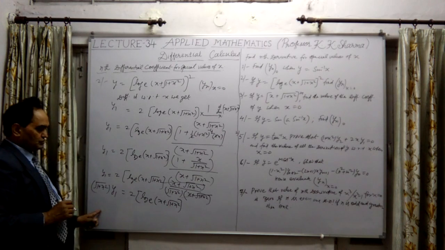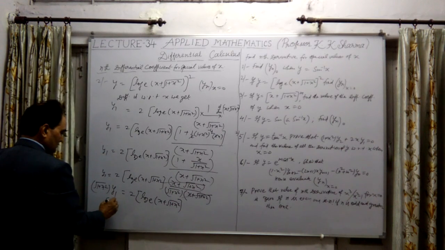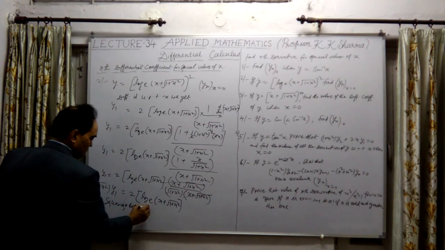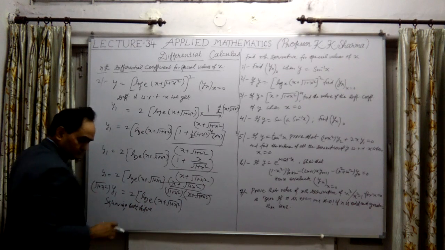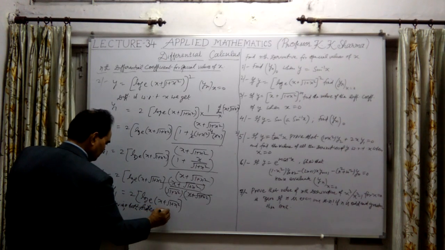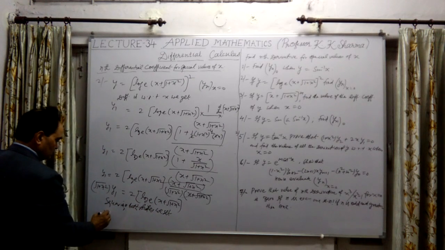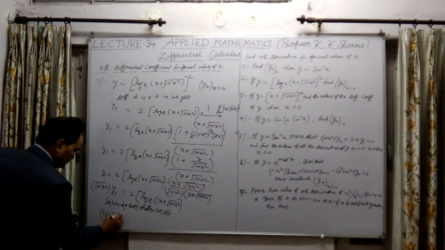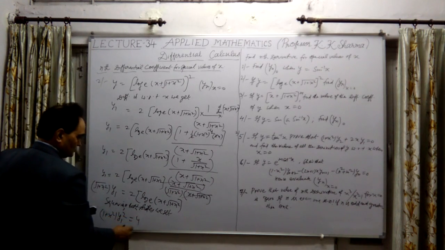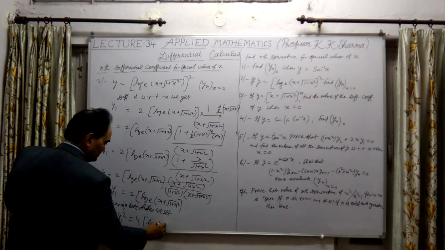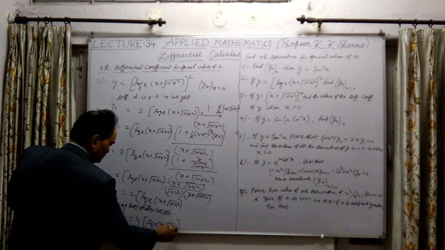Now if I square both these sides, squaring both sides, we get, it will be only 1 plus x square into y1 square, equal to 4 into square of this whole, this is log of e, x plus under root 1 plus x square, whole square.